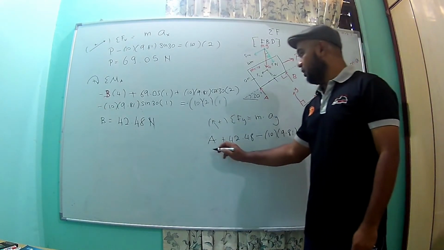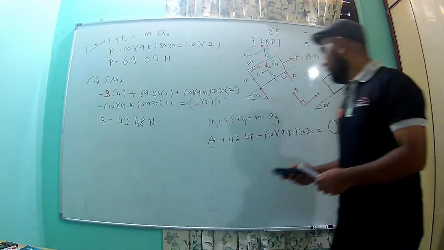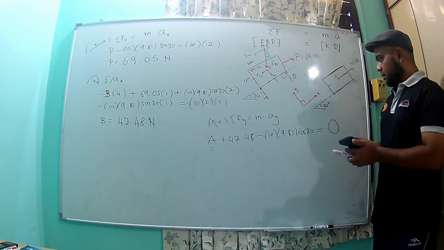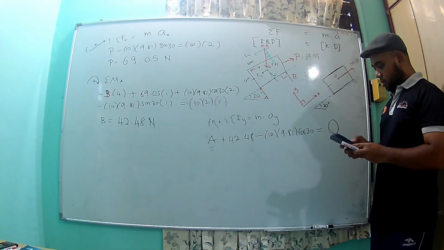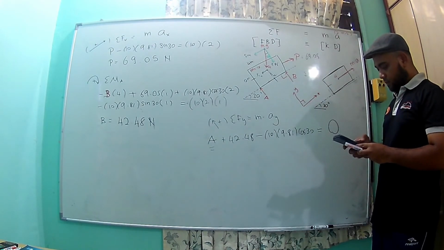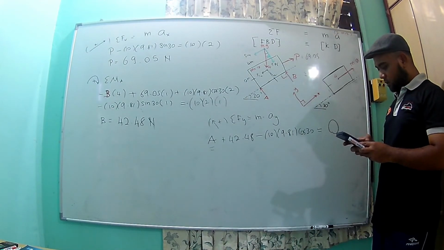You will notice that you have one unknown here, which is A. So calculate that one. You will have 10 times 9.81 times cos 30.